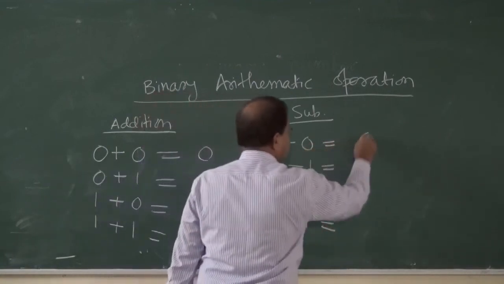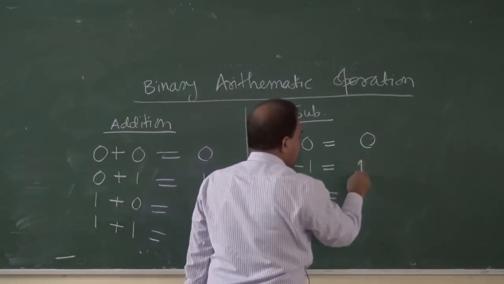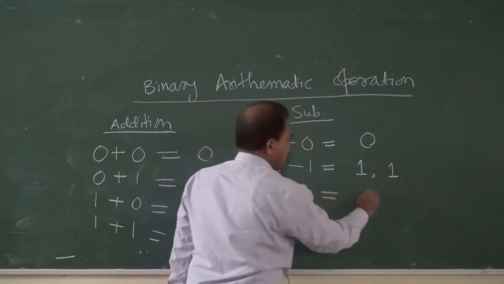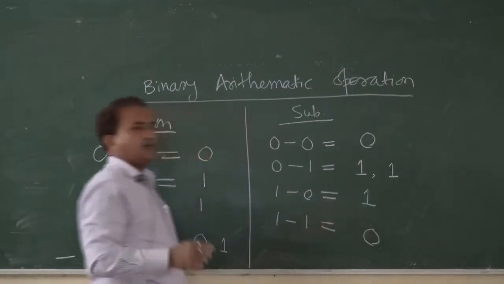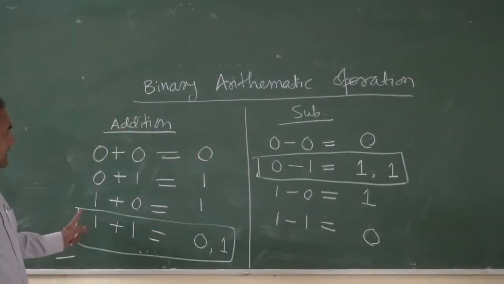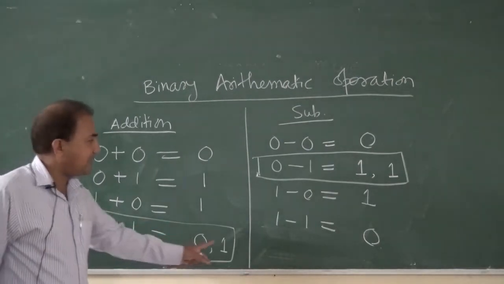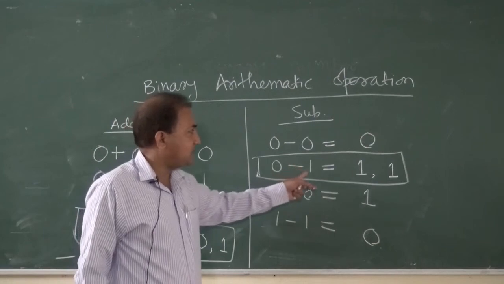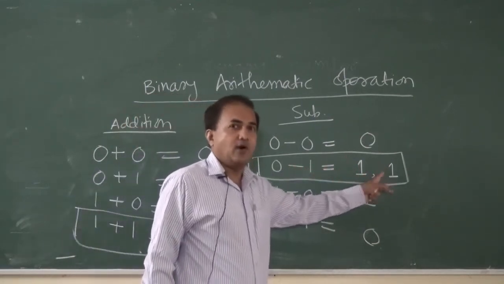For 0 minus 0, difference is 0. 0 minus 1, difference is 1 and borrow is 1. 1 minus 0, difference is 1. 1 minus 1, the difference is 0. So you can see that 1 plus 1, sum is 0, carry is 1. Similarly in subtraction, 0 minus 1, difference is 1 and borrow is 1. Okay.